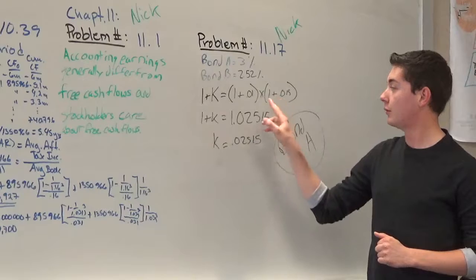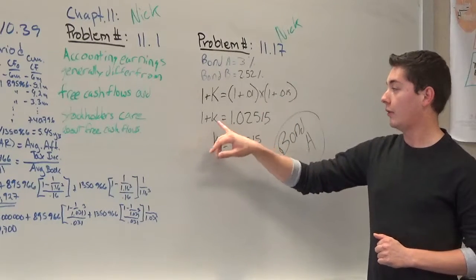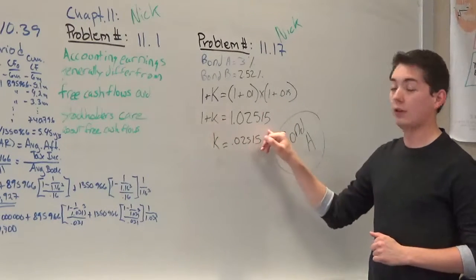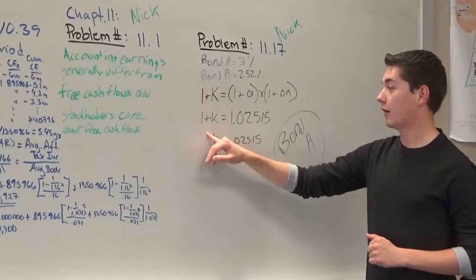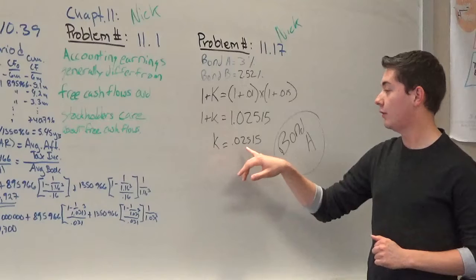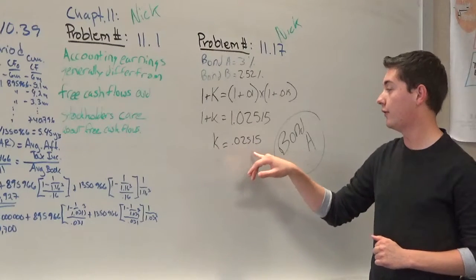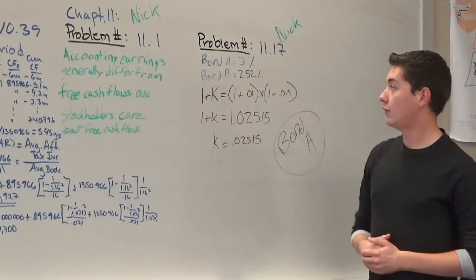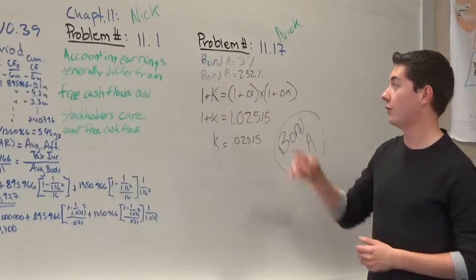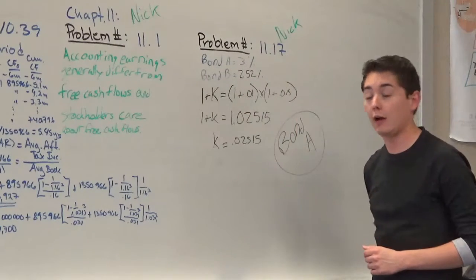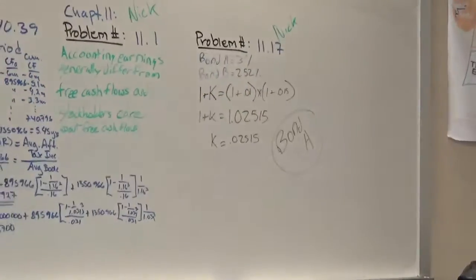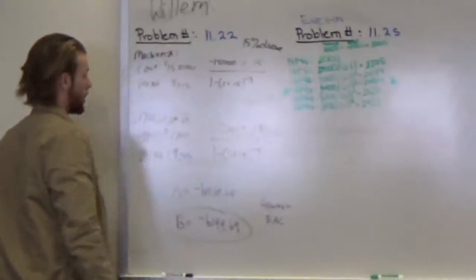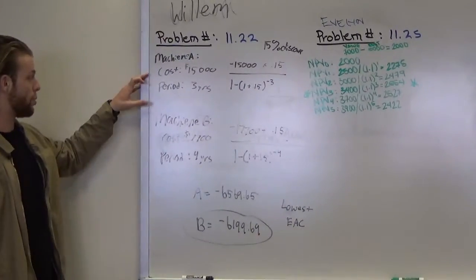And so you multiply those together, and then you'll have 1 plus k equals the product, and then you have to subtract off this 1 from both sides, and then you'll get k equals 0.02515, which can become 2.5%. So obviously 3 is greater than 2.5. You want to go with bond A.